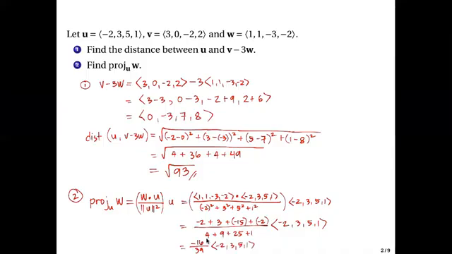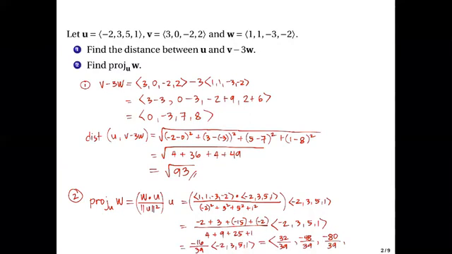So finally, the final answer will be just the multiplication. You have 32 over 39, comma, 3 times negative 16, that's negative 48 over 39. Negative 16 times 5, that's negative 80 over 39.